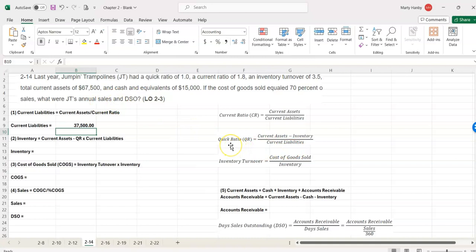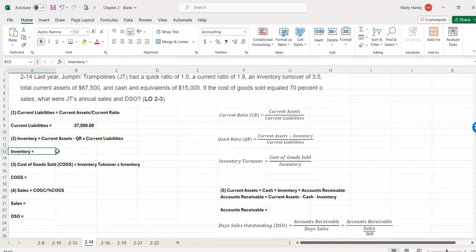So we basically do the same thing with our quick ratio. The quick ratio has inventory, and we're going to use it to solve for inventory. So we multiply both sides of the equation by current liabilities, so that gets it out of the denominator. We end up with inventory equal to current assets minus the quick ratio times current liabilities.